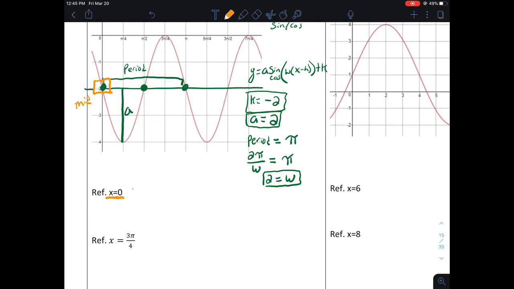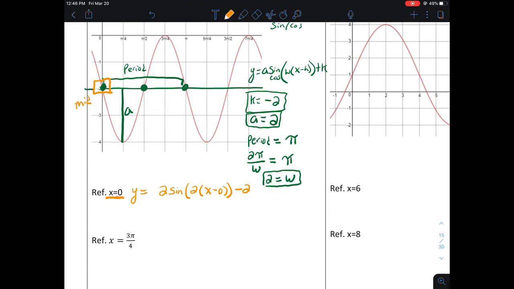So I'm going to start writing this equation. I have y equals, and we're going to use the sine function, so it would be 2 times sine of W, which is 2, times (x minus the reference x, which is 0), plus our midline on the end, which is -2. Now I have to look at this graph and make sure that my equation is written correctly.